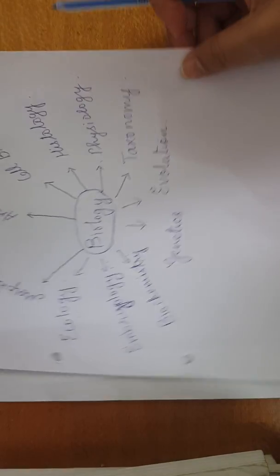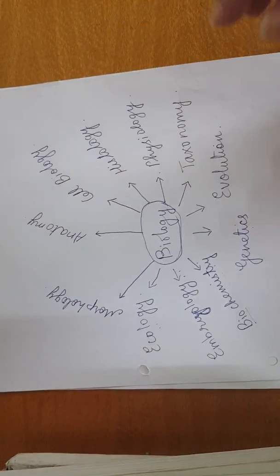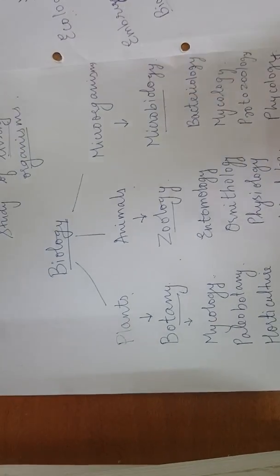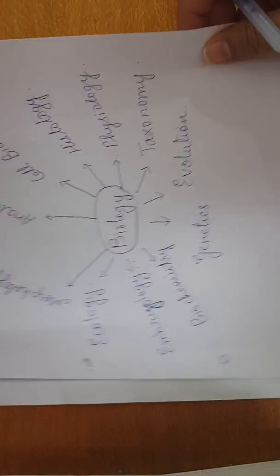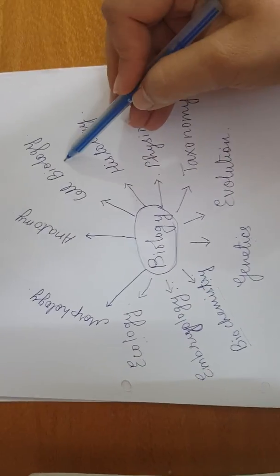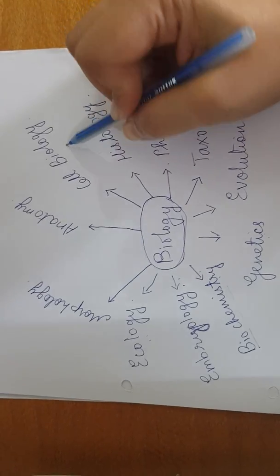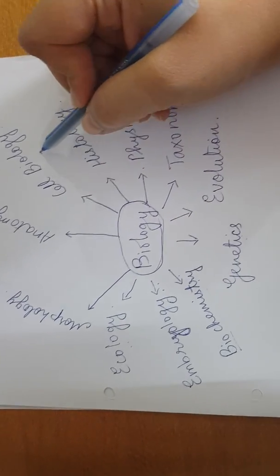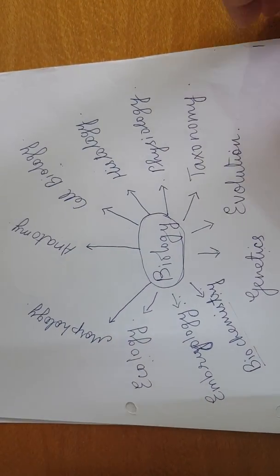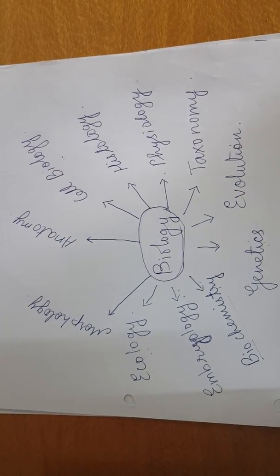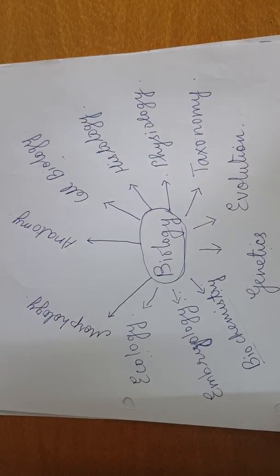The second flowchart that we have studied comes under all three of these. Say for example, cell biology will come in botany, it will come in microbiology, it will come in zoology also, and the same for all these branches. So this was all about the basics of biology and the branches of biology.